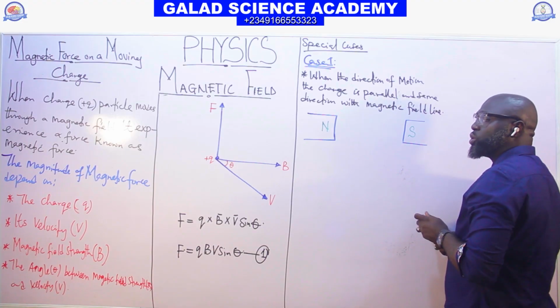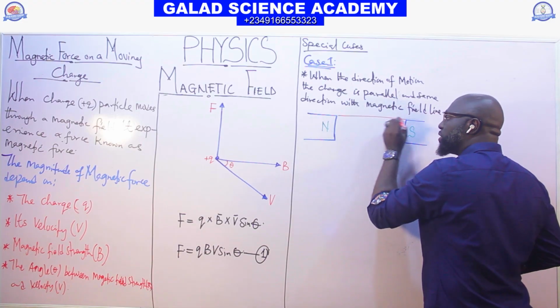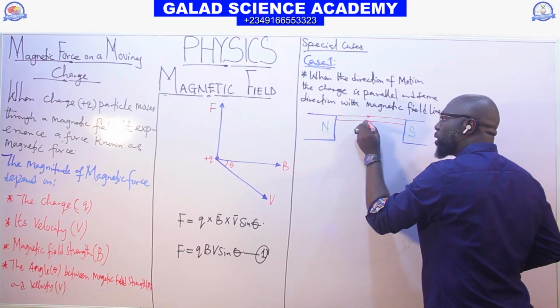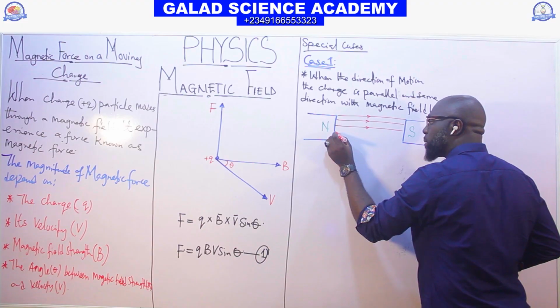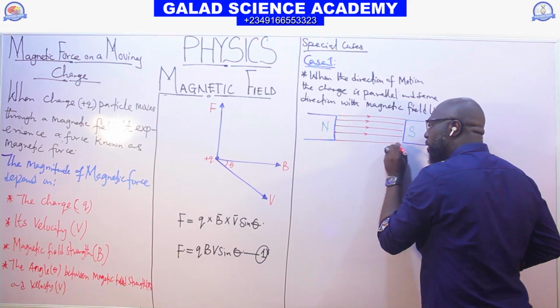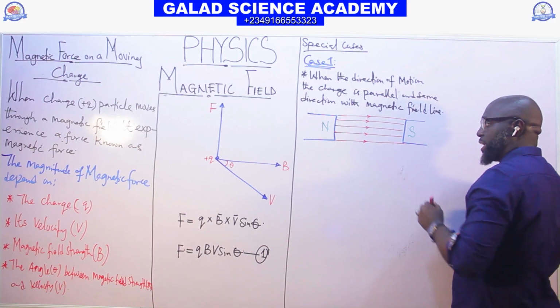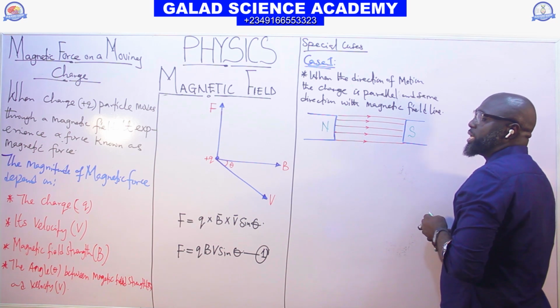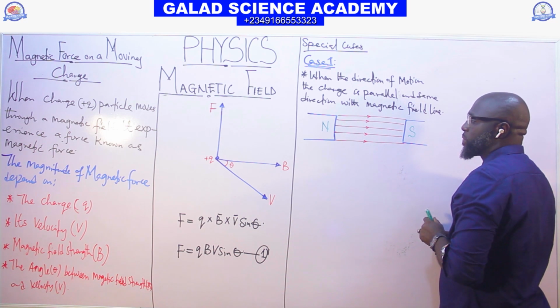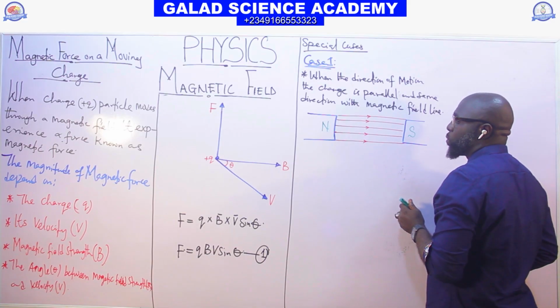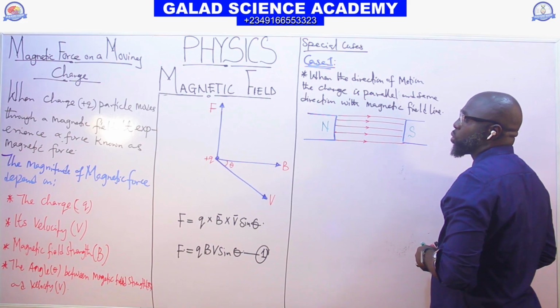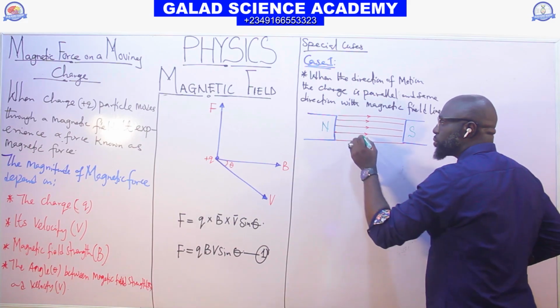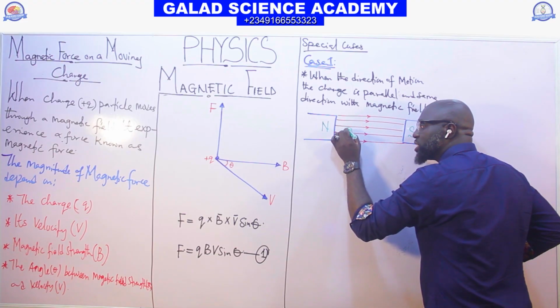This is the magnetic field line. And if I place my charge inside here, this is the charge.